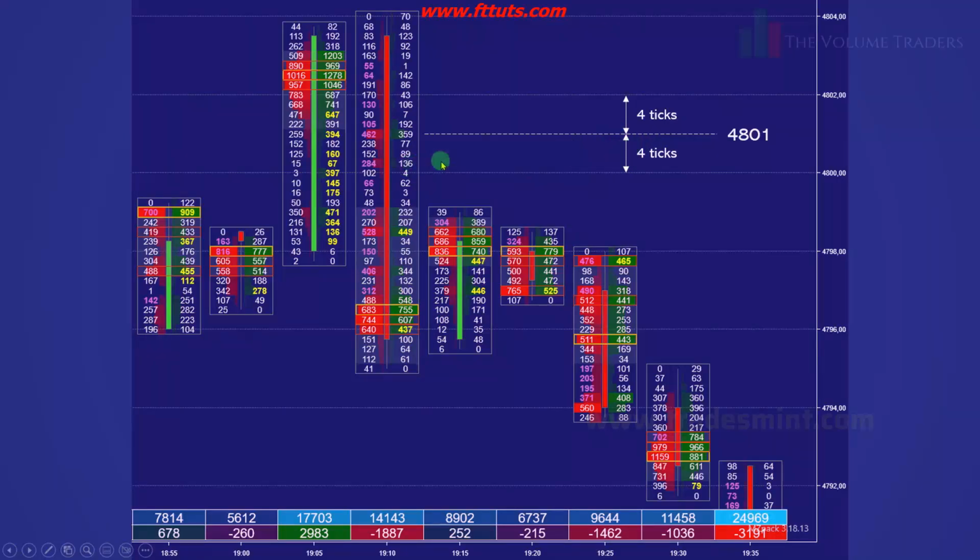So each tick is worth 25 cents of the price difference. For example, at the round number 4800, there were 102 sell contracts before 284 sell contracts. So it shows the quantity of sellers and buyers which already joined the market.